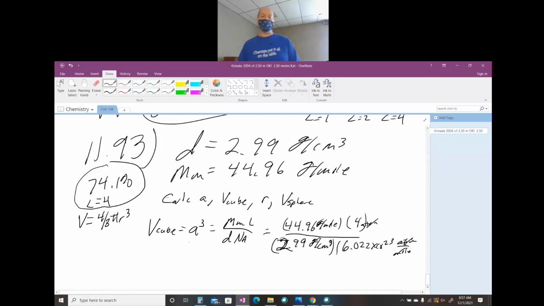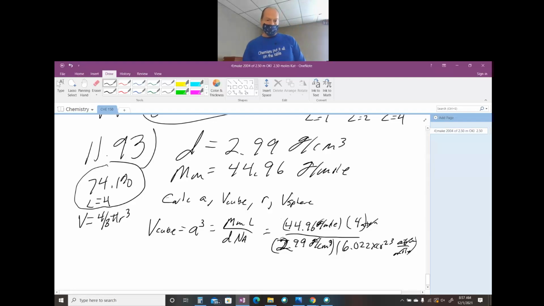And then when you take the cube root of that, you will get the length of a side A in centimeters. And if things are working correctly, your units will be 10 to the minus 8 centimeters for A. All right, so you put in your 44.96, multiply that by 4, divide that by 2.99, and divide that by 6.022 times 10 to the 23rd.